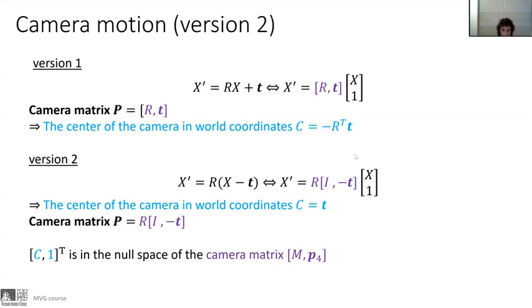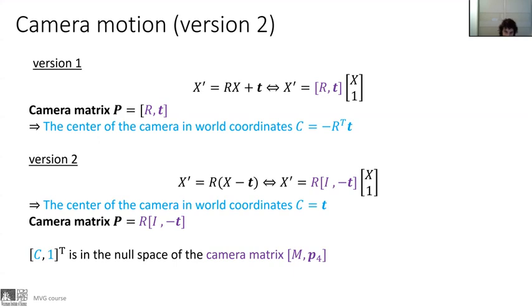Please repeat, I didn't hear you well. I say that the essential difference between the versions is that you choose T to be in the world coordinates in the first version, and in the camera coordinates in the second version.